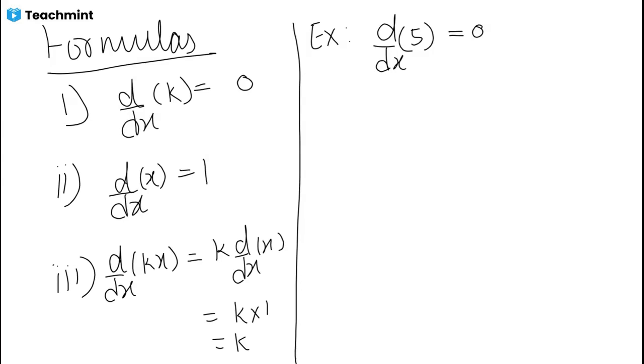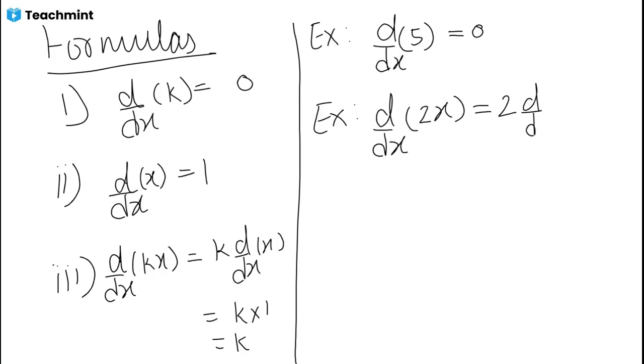Next example, for the second formula, which is about only x. Let us differentiate 2x. 2 is a constant, so write it outside the sign of derivative.